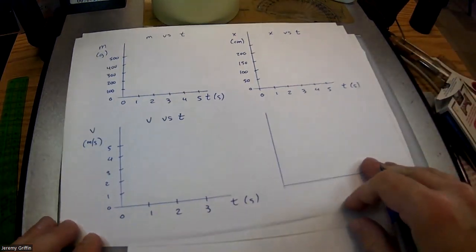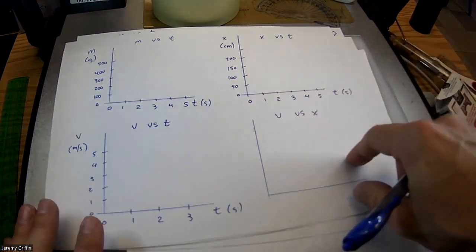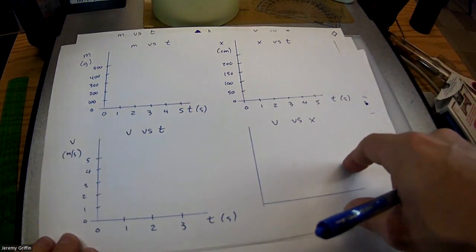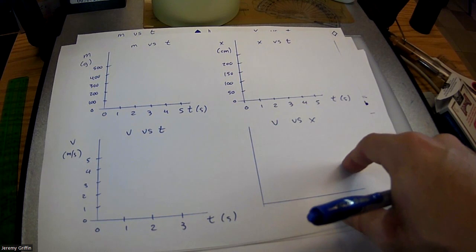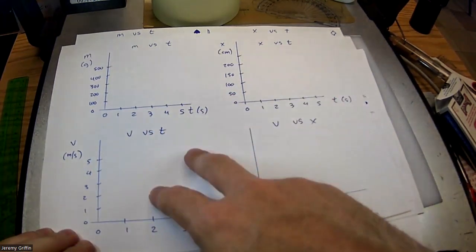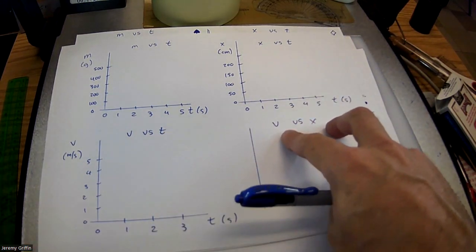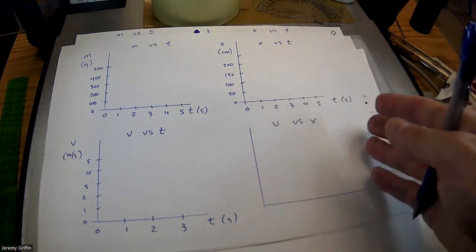And the last one was V versus X. Thinking ahead to the next few weeks, V versus T is going to be a really important graph. You'll see that all over the place. V versus X is kind of an oddball graph. You'll hardly ever see it, but there is a relationship here.